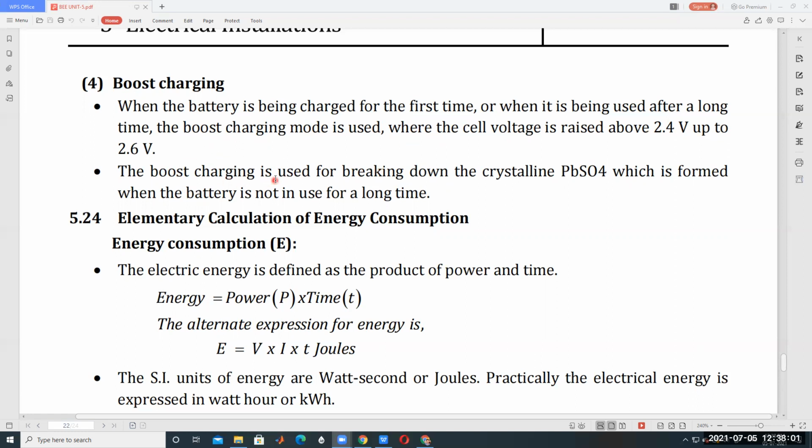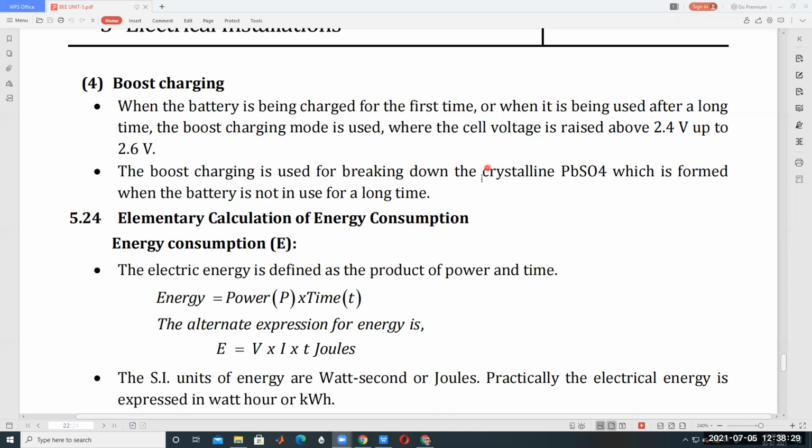Boost charging is used for breaking down the crystalline PbSO4, which is formed when the battery is not used for a long time.